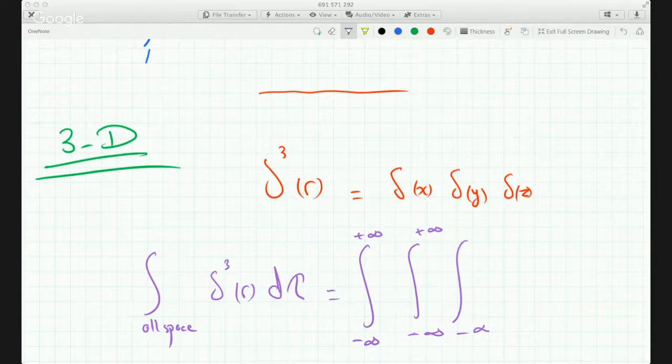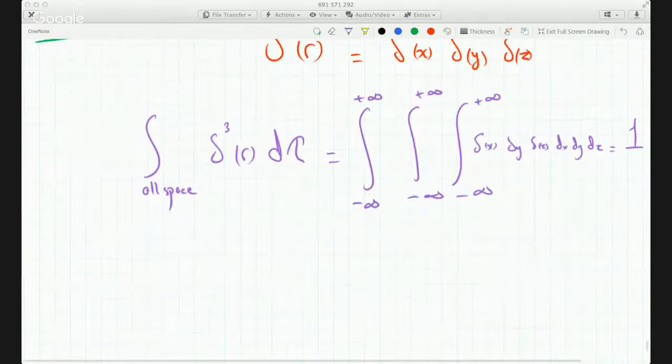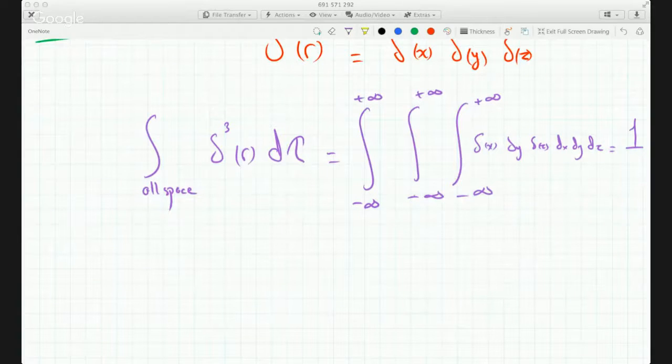So this is a triple integral of delta x, delta y, delta z, dx, dy, dz. And what do you expect the answer will be? 1. Yeah, so it's just a volume integral of 1.